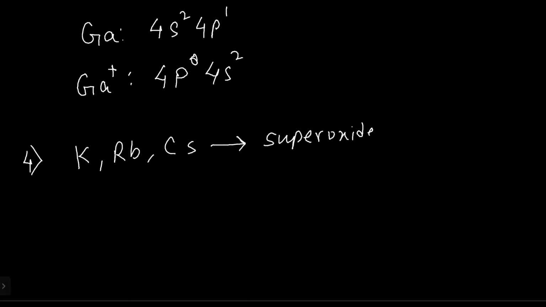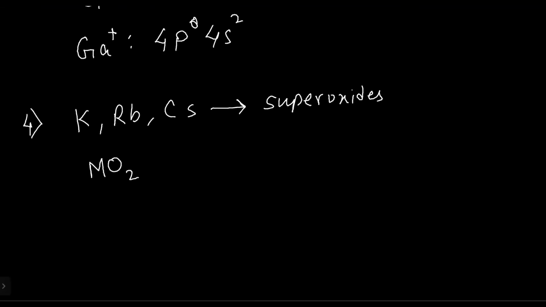Here, as it is MO2, that means they form superoxides. But calcium and magnesium cannot produce superoxides; their production of superoxide is less favorable.